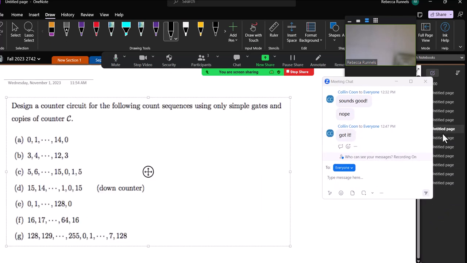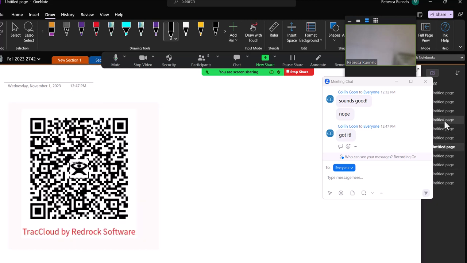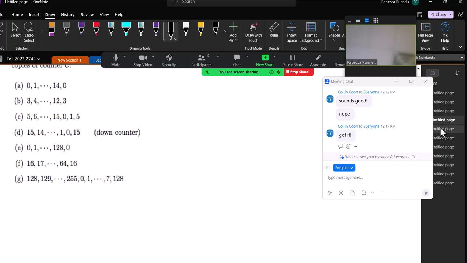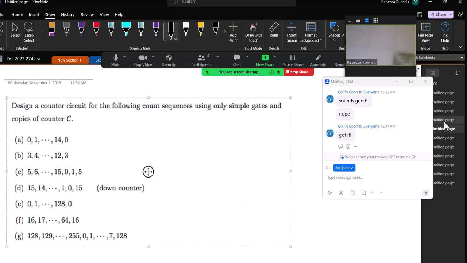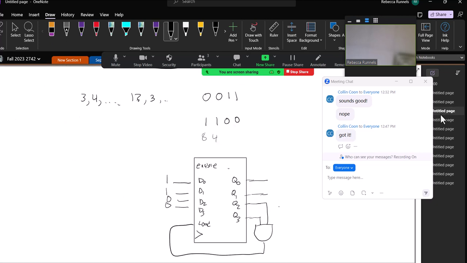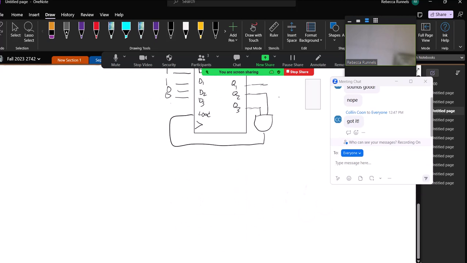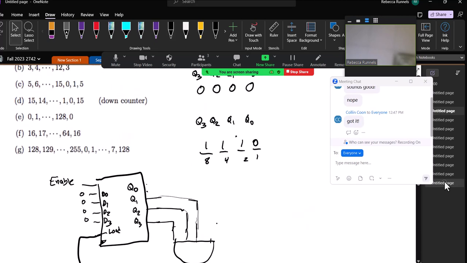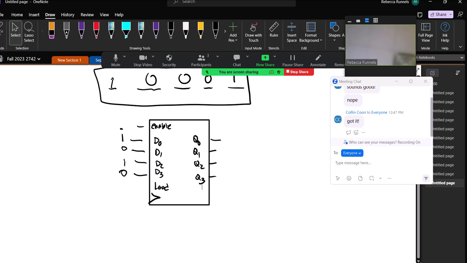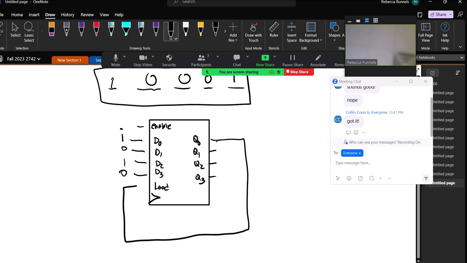Now I can't just say, let me just put the 1 in here, because that would detect it on the very first try, because for the number 5, Q0 is 1.